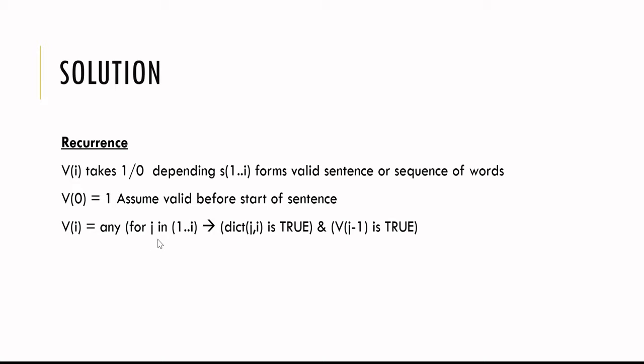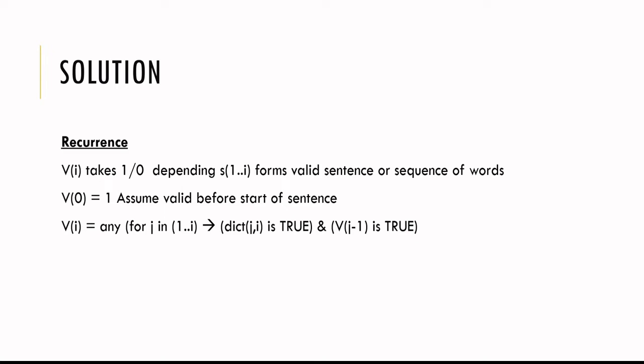At any given location i, let's say we are trying to figure out the ith position in the sentence, which means we are looking at a string of characters from 1 to i. Then we take another variable j, which is going to scan from 1 to i, taking all possible values. At that point, we break the previous sentence, and from j to i becomes a word.